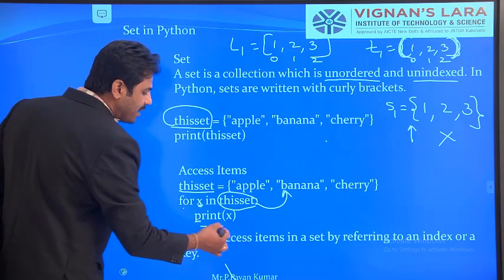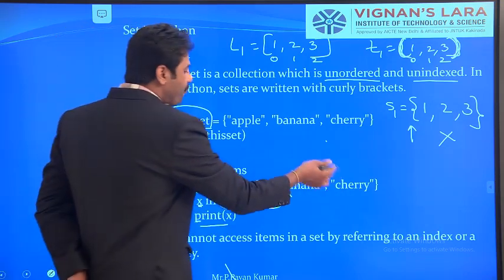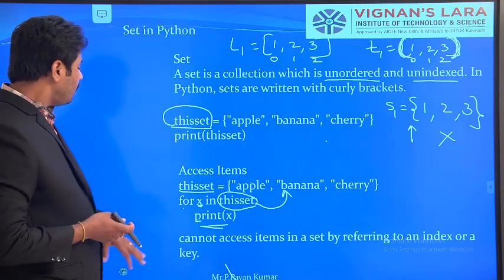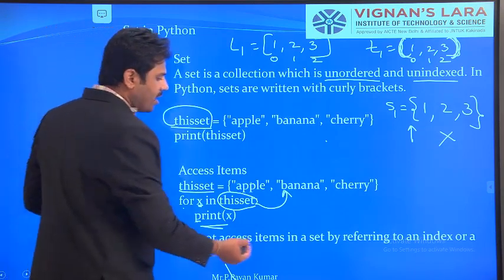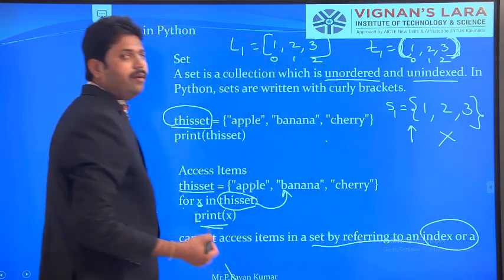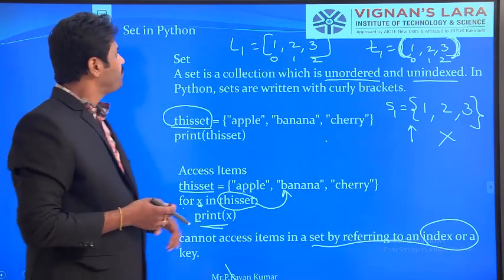Apple, it prints apple. For the second time, banana, it prints banana. For the third time, it is cherry. So we already discussed that with indexing, you can't access the items.